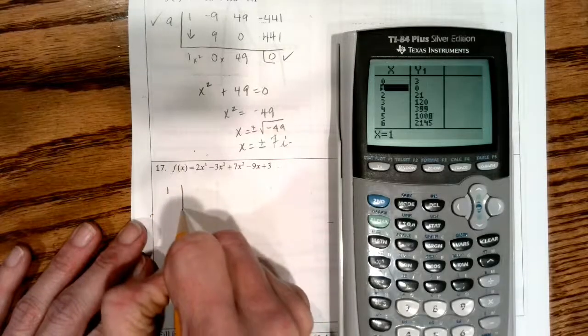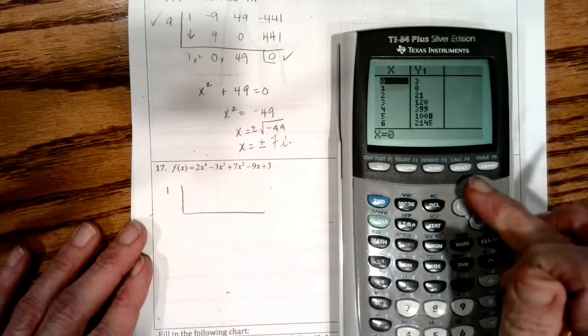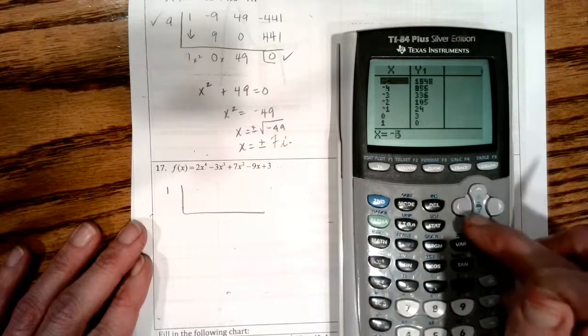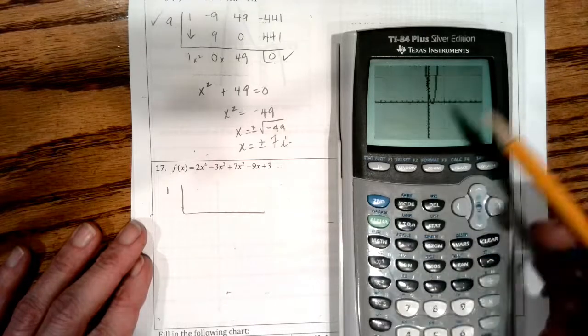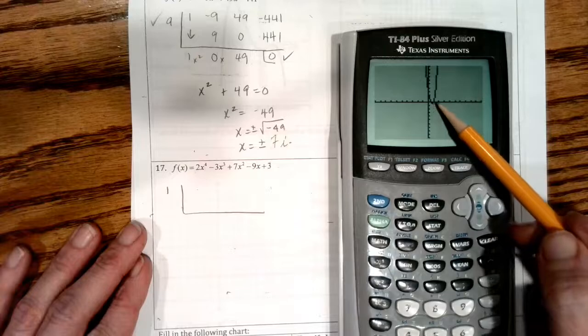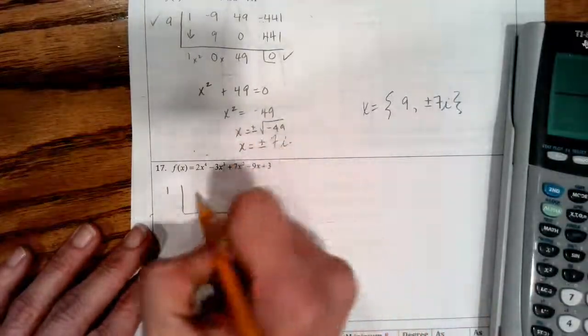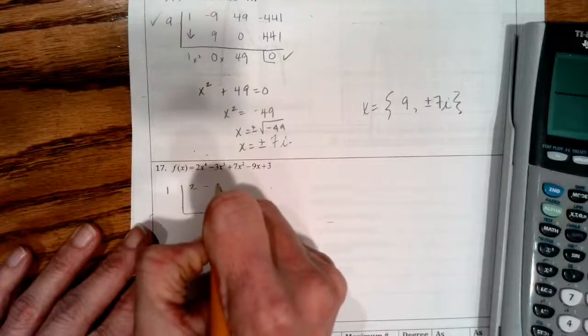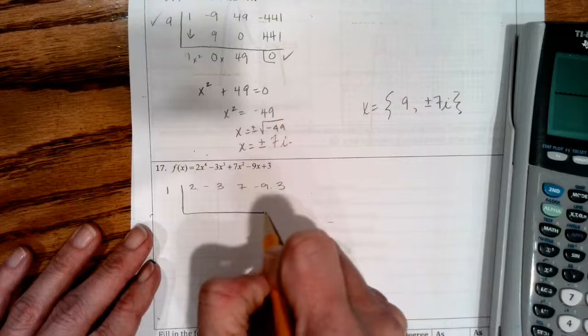Since it's a quartic, it would be nice if I had another 0. I'm wondering if 1 is a double root. If I look again, there's a very good chance that that is a double root. We'll try it twice: 2, negative 3, 7, negative 9, and 3.